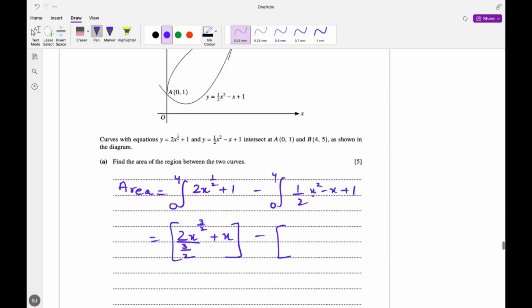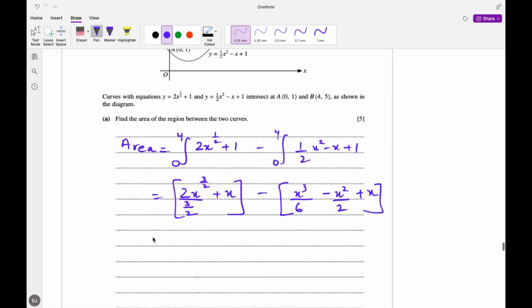In the second case, integrating x squared will become x cubed, and we divide by the new power, so dividing by 3 will become 3 times 2, 6, minus integrating x will become x squared upon 2, and integrating 1 will become x. Now substituting the limits 4 and 0 in both cases.